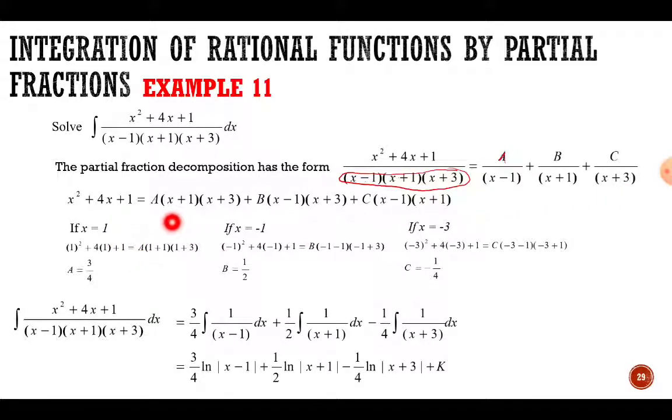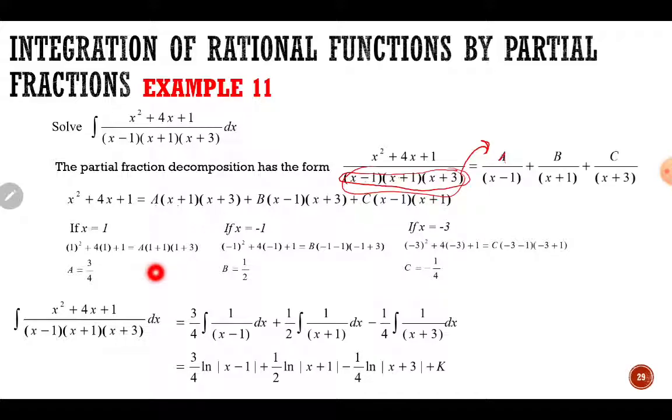Dan kita proceed dengan teknik yang saya dah cerita tadi, cross multiply. Yang ni pergi ke sini. So bila ni cross kat sini, yang ni x minus 1 tak ada kat sini. So jadi dia tinggal dengan A darab dengan x plus 1 tambah x tambah 3. Dan B x minus 1, x tambah 3 dan C darab dengan x minus 1 darab dengan x plus 1. So guna teknik yang macam saya cerita tadi, kita nak buang some of the terms sebab kita nak cari the value.